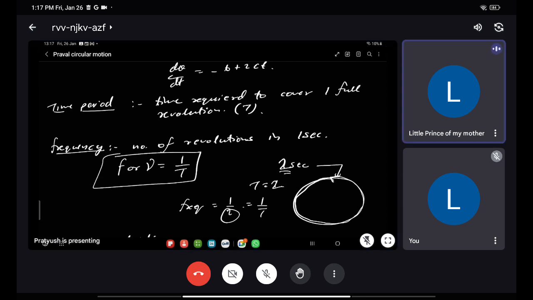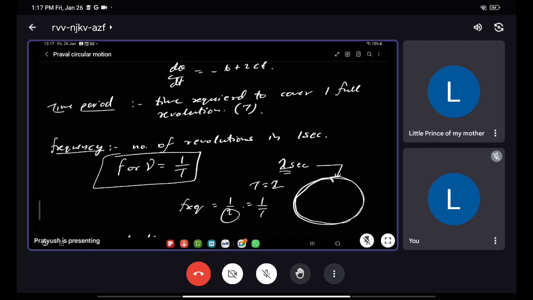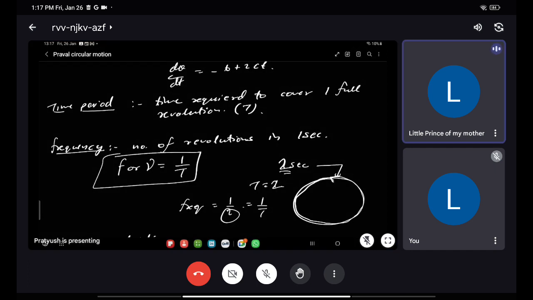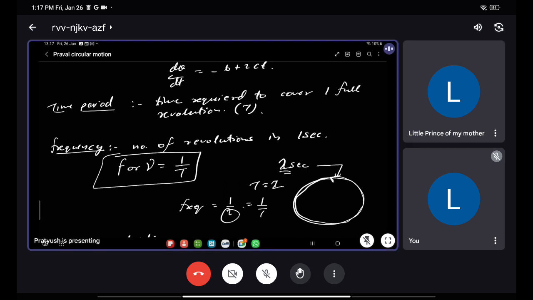Frequency can be given per second, per minute, per hour, but the SI unit will be in seconds.